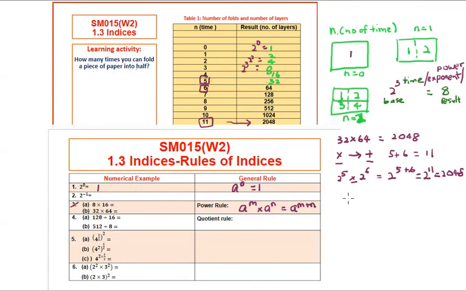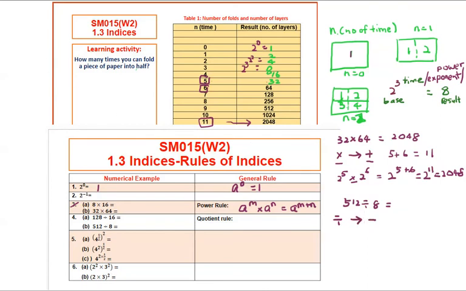Now we move to division. Let's say 512 divided by 8. What is the answer without using a calculator? Actually, it's not easy to do division. So instead of doing division, we use subtraction.